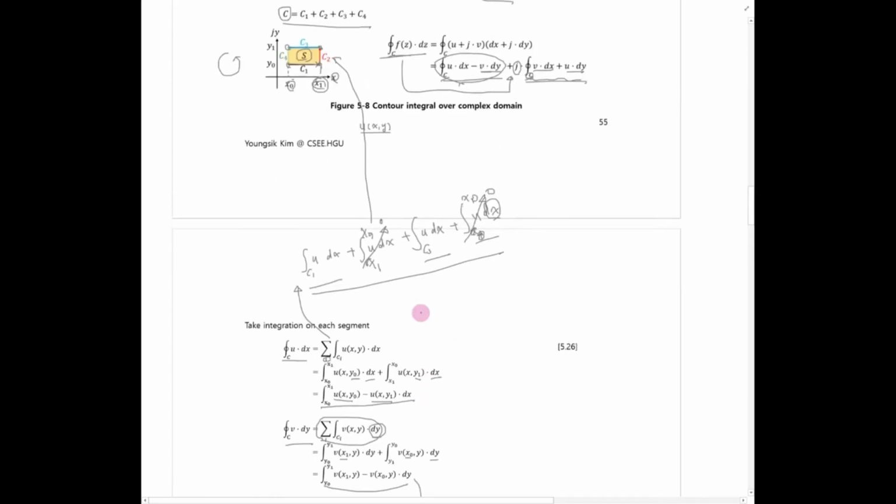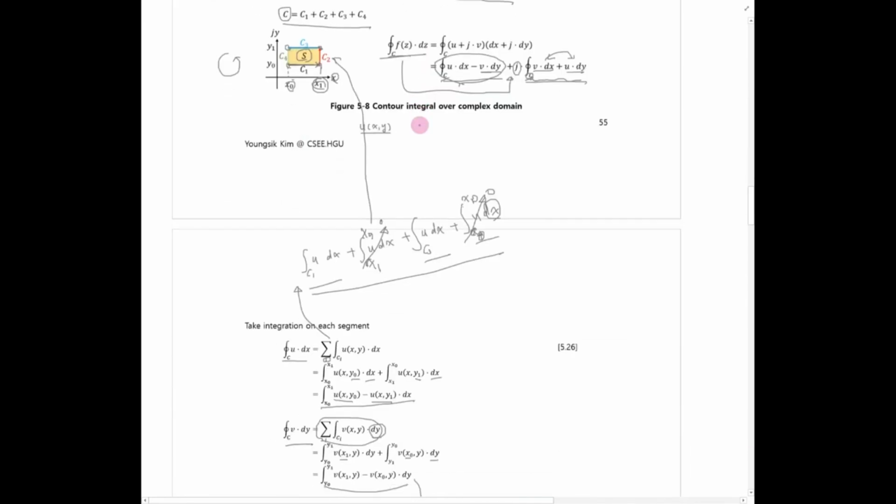To find the imaginary part of this, we need to add up these two terms. By adding these two terms, it becomes this one. But look at this one. This one is another Cauchy-Riemann condition. This one.